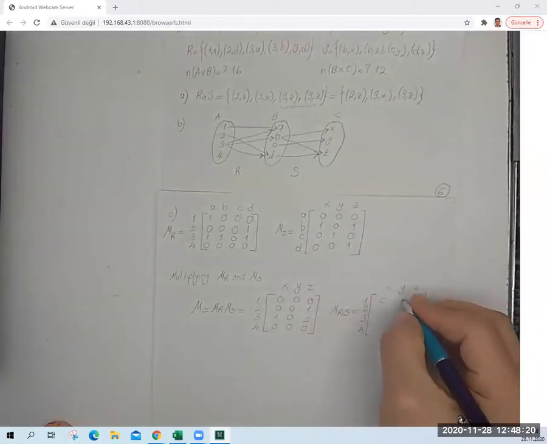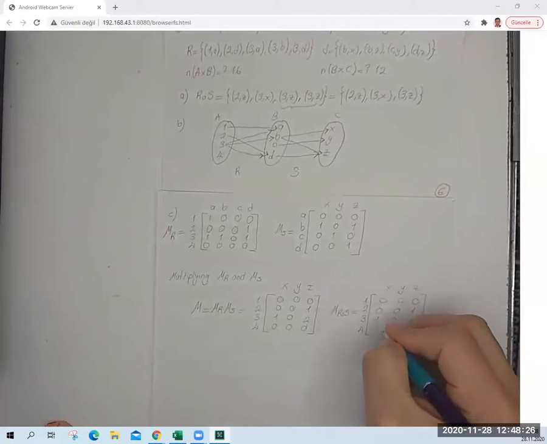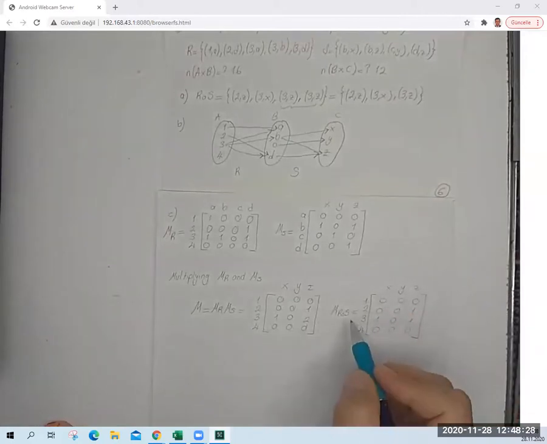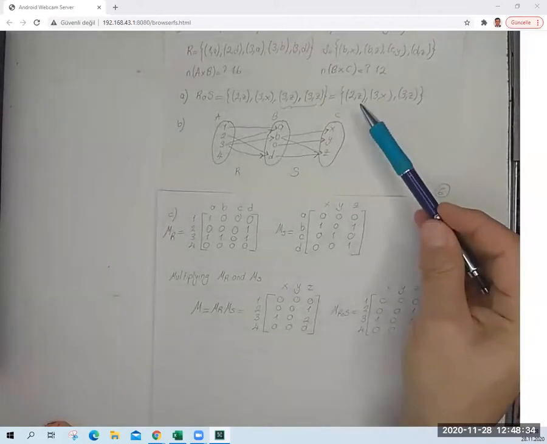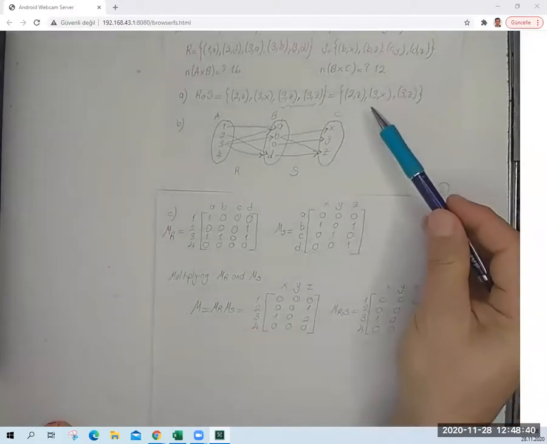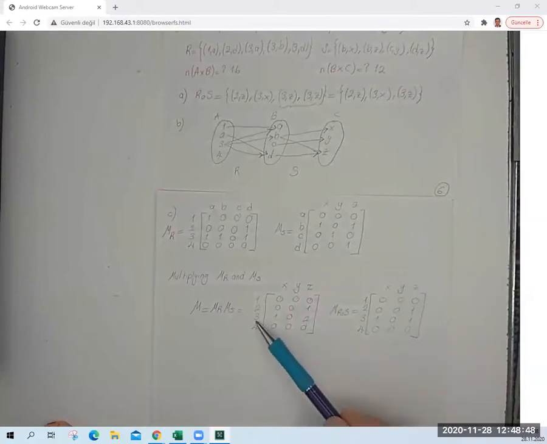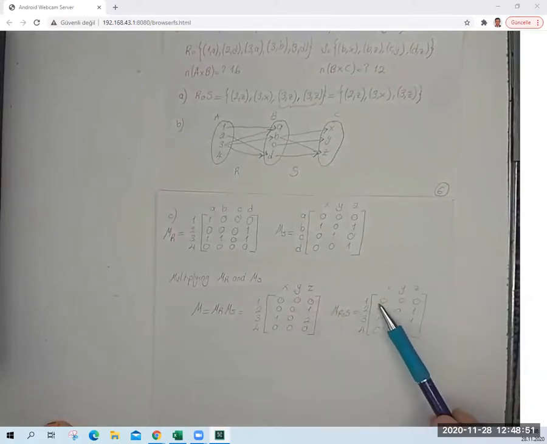And 0, 0, 0, 0, 0, 1, 1, 0, 1, 0, 0, 0. This is the matrix of composition relation. Because of that one, 2 goes to Z, 3 goes to X, 3 goes to Z as a 1 times 0. Multiplication you can see as a 2, but in composition of relations, you will see that matrix.